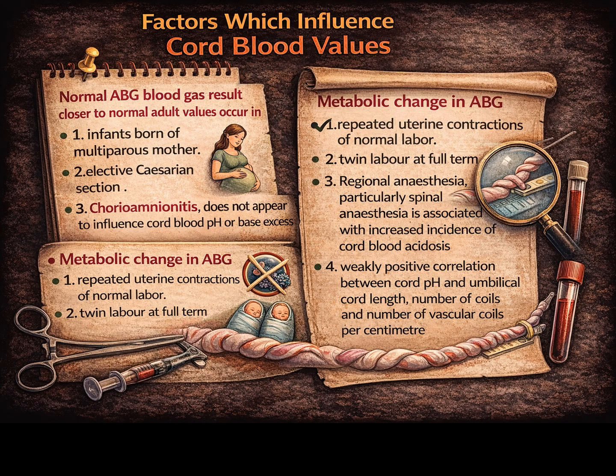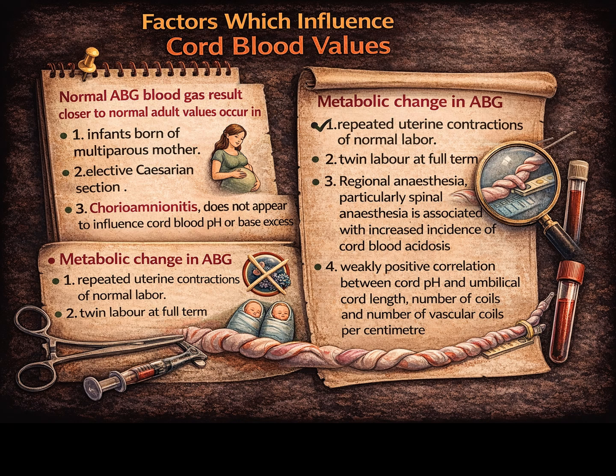There are several factors that influence cord blood gases. Normal arterial blood gases are closer to the normal adult value in certain situations, like an infant born to a multiparous woman where there is short labor, or elective cesarean section where the patient is not passing through labor.